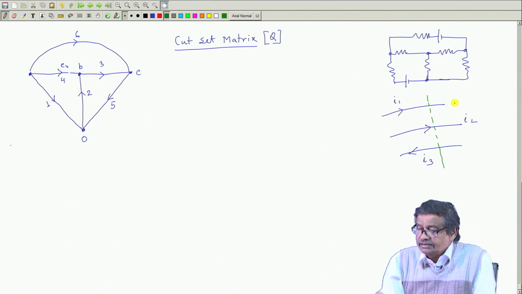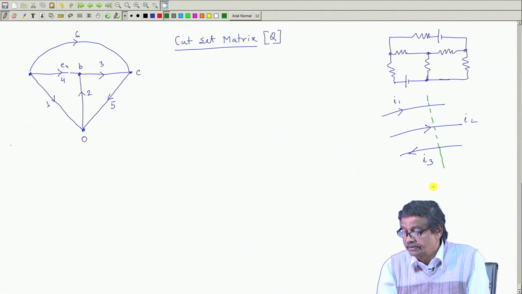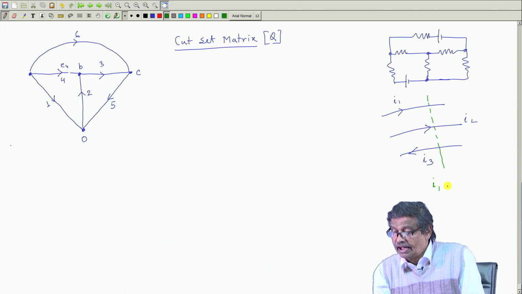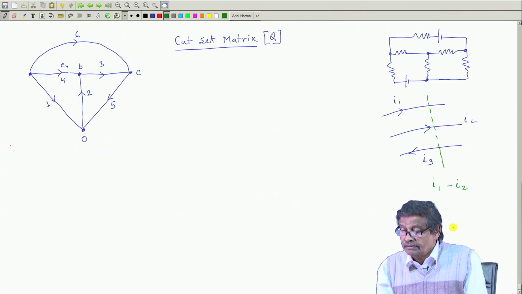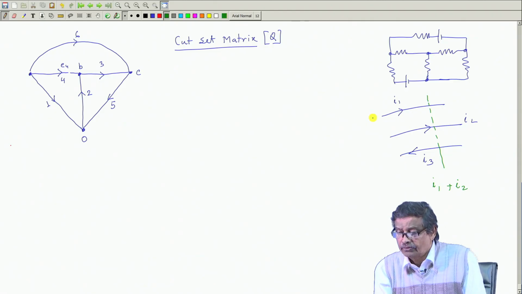What do I mean by this? The current crossing this imaginary line from left to right is I 1. Only these 3 branches are involved with this line, suppose, and then this is plus I 2. Current going from left to right, I have assigned positive sign.